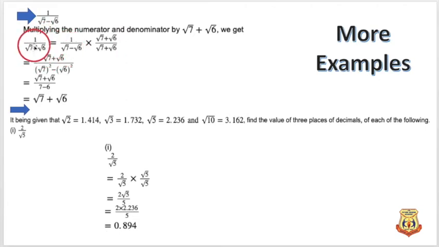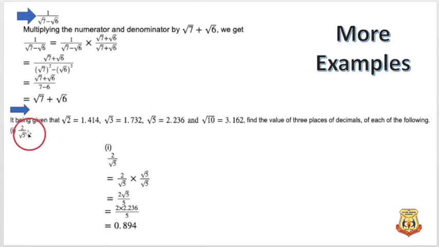So this is our question, and we will multiply with root 7 plus root 6 on both sides. So in the denominator place what are we getting? We are getting a square minus b square. Root 7 square means nothing but 7, and root 6 square means 6. So 7 minus 6 is what? 1. As it is in the denominator place, that's why the last we have not written. So the answer is root 7 plus root 6.